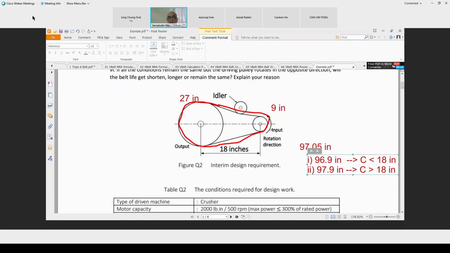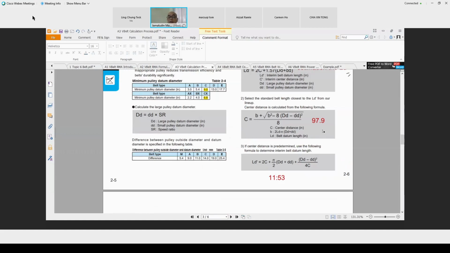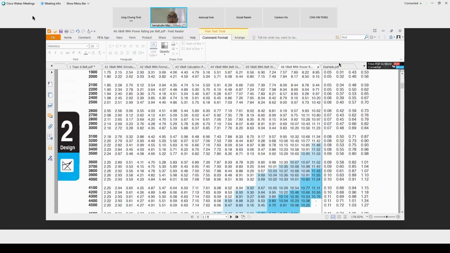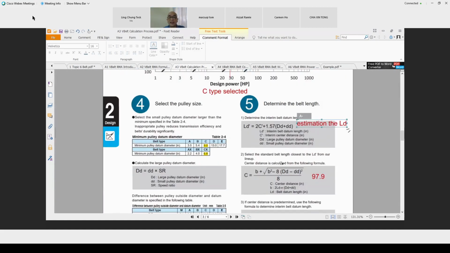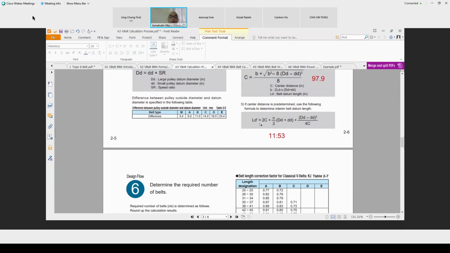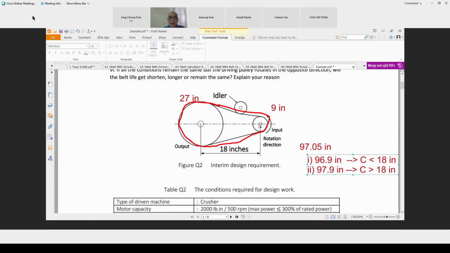When we change the 97.05 to 97.9, we have to configure again what the center to center distance is here. Then what we should do is finalize, after step number 5, all the configuration of our main.